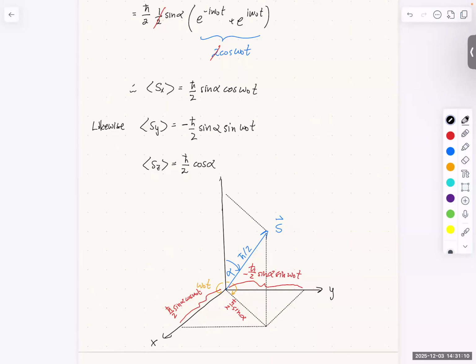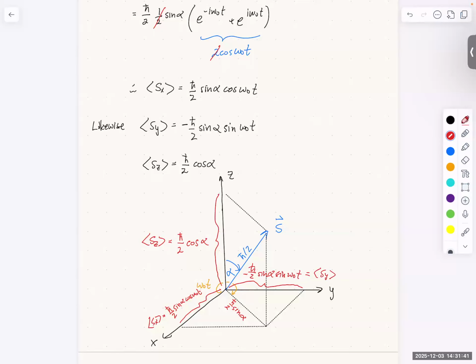Okay, so I'll extend my z-axis here a little bit. And this is going to be the z component. This is going to be h bar by 2 cos of alpha. So this is our sz expectation value. This is our sx expectation value. And this is our sy.